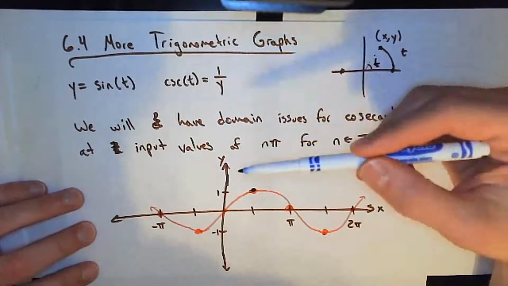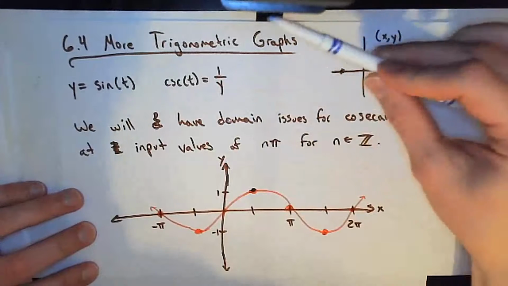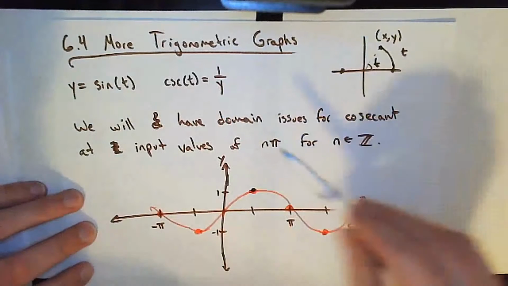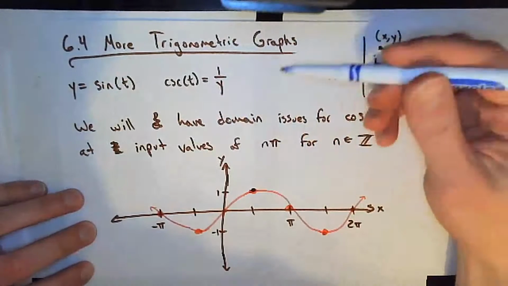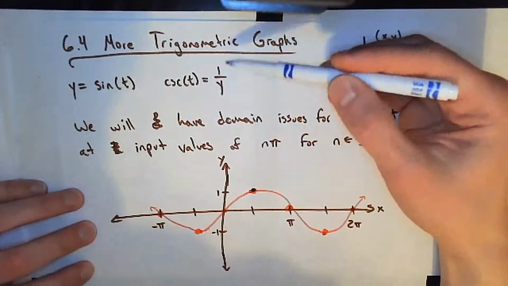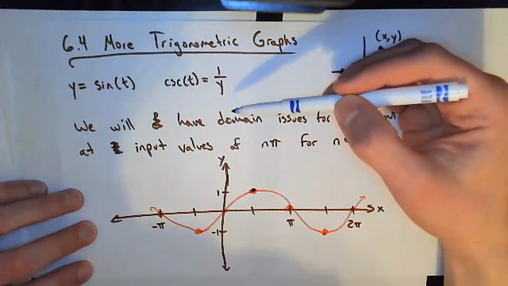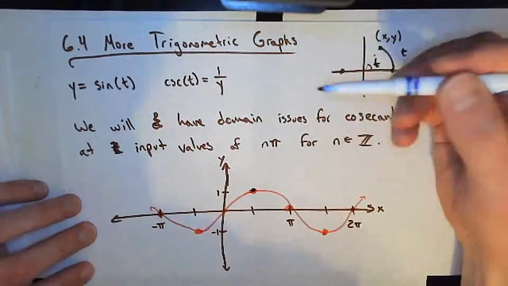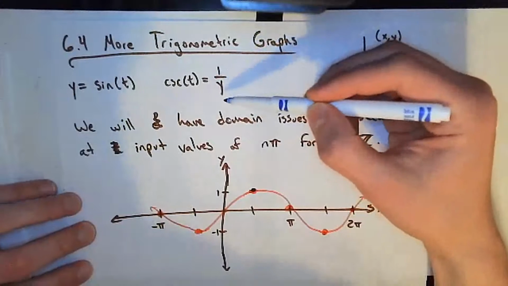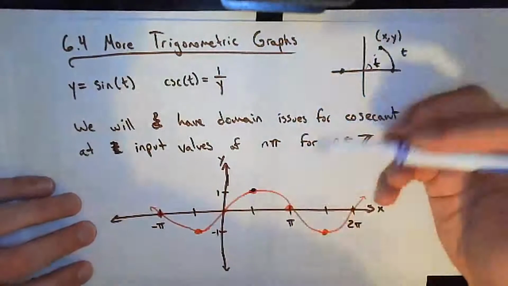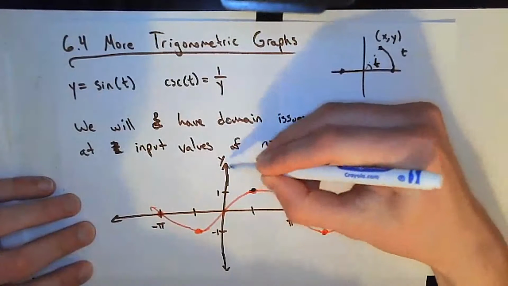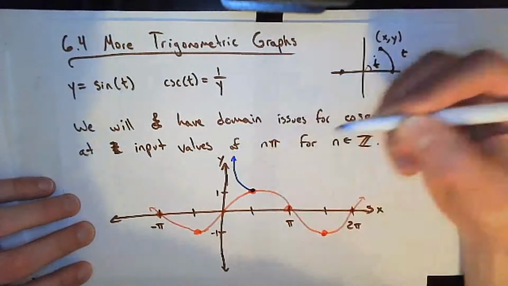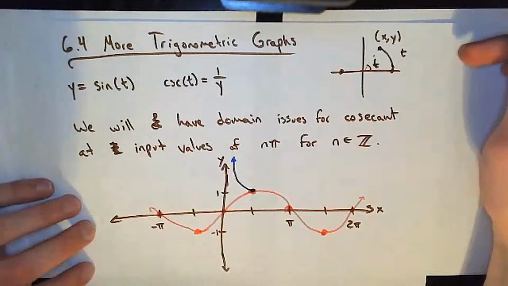Remember that from 112, like 1 over x squared? As you plug in very, very tiny numbers into a denominator, didn't that make the functions explode to infinity? Like 1 over 0.000009 is going to be the same as just like 9 million or whatever. I don't know how many zeros I said, but the point is when you divide by very tiny numbers, the result is a very large number. So as we try to get very close to zero, our cosecant graph is going to explode off to infinity.